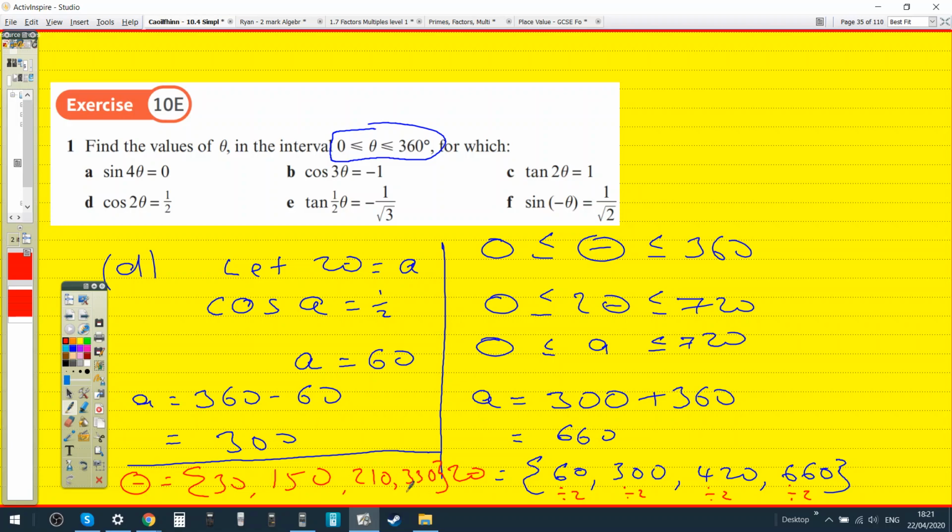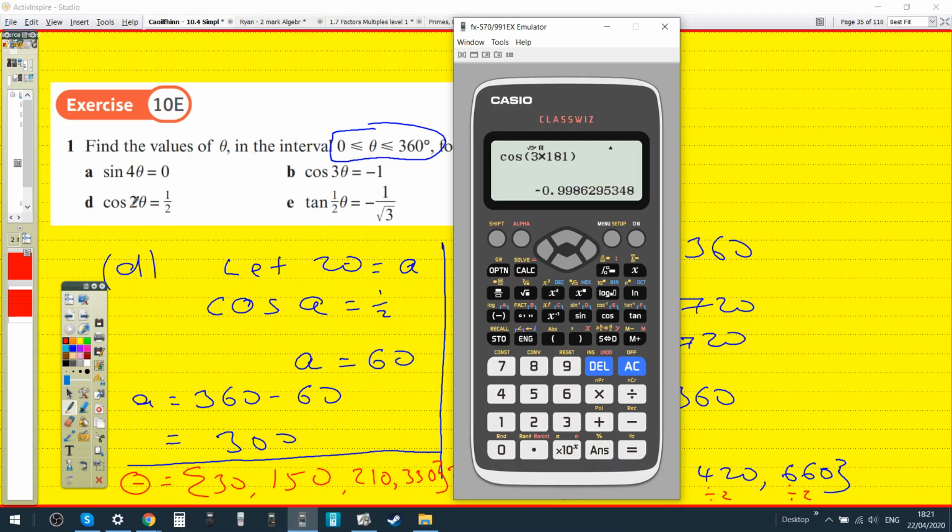That's it. And we could always check. So we said cos of 2 times 330, which would give us 660, is supposed to give us a half, and it does. There we go.